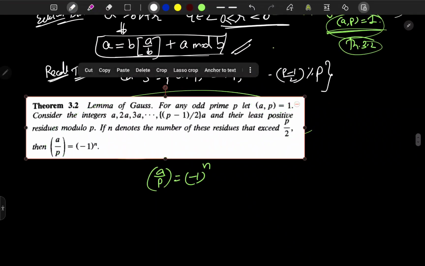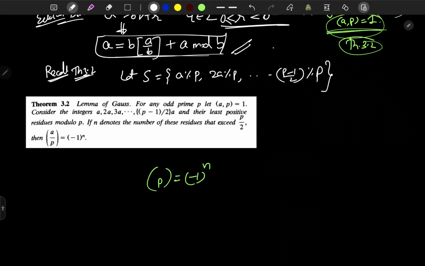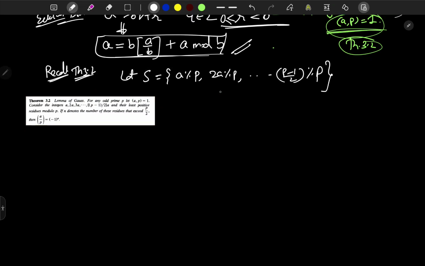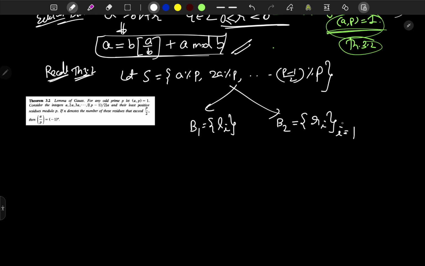So again we will use theorem 3.2. Let S be the set of like something, and let's set b1, b2, and so on, equal to ri, where ri is greater than p by 2.